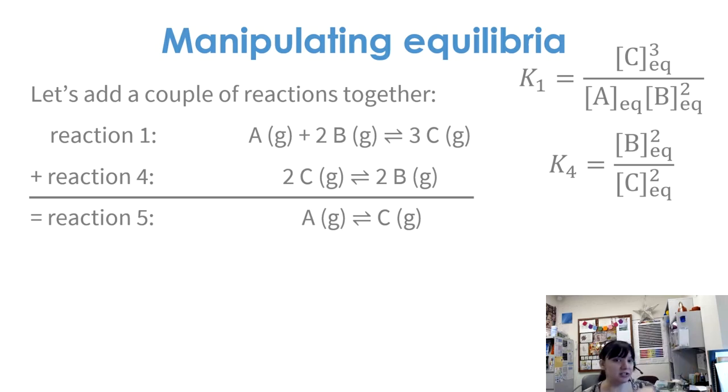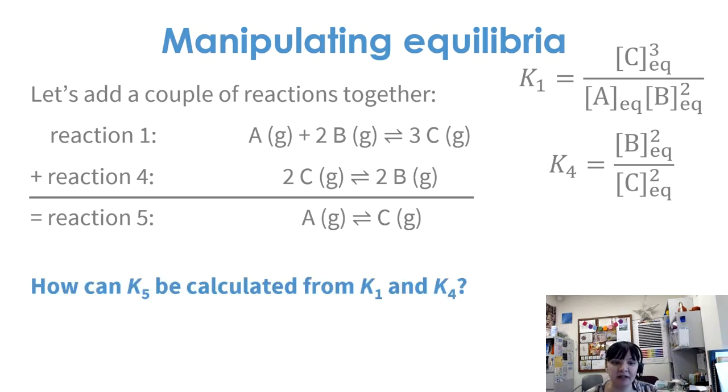But this is just showing how the reactions add together. How do we think that's going to affect the K constant for that fifth reaction? If we think of the K expression for reaction 5, it would read as just the concentration of C divided by the concentration of A, as I've written out symbolically right here. But mathematically, how does K5 relate to K1 and K4?